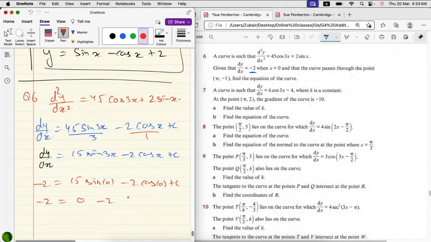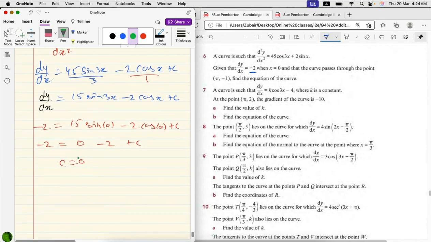So that's minus 2 plus c, which goes on the other side, and c comes out to be 0. So if c is 0, we can rewrite dy by dx as 15 sine 3x minus 2 cos x. And now we integrate it again.